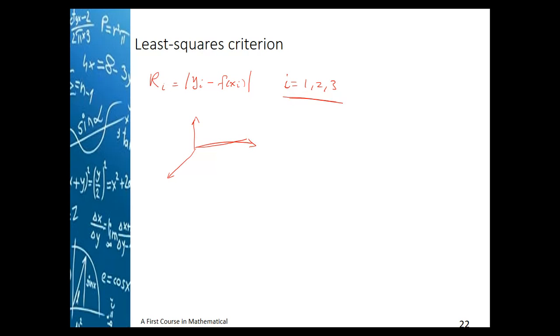Assuming I have X, Y, and Z, my first item is R1, R2, and R3. All right.